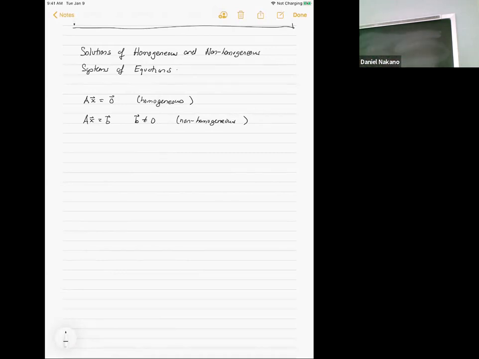Okay, so I want to mention something else. If I take what's called the null space of A, this is going to be the set of all solutions x in Rn, where A is m by n, such that Ax equals 0. So these are solutions to the homogeneous system.